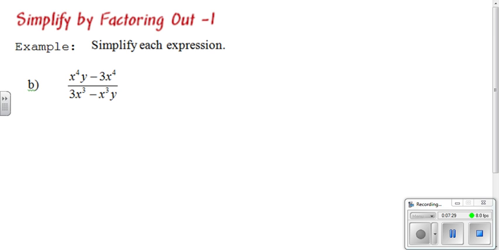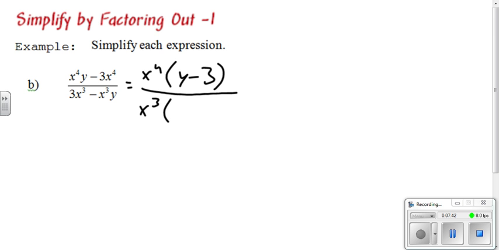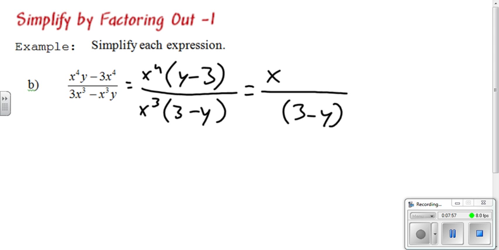And we'll try it one more time here. I'm going to go kind of fast on this one because this is going to be very similar to what we did before. Factor out the top, factor out the bottom, take out any factors that we can. So we have x to the fourth over x to the third, which just leaves x on top. Then 3 minus y, y minus 3.